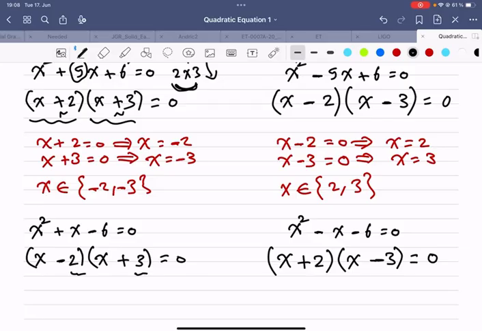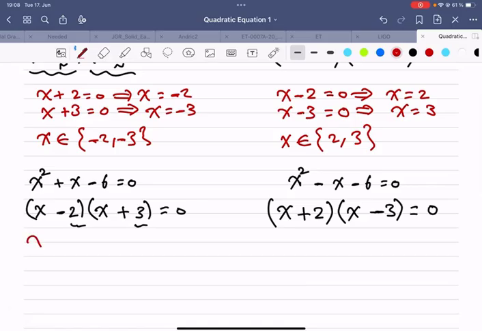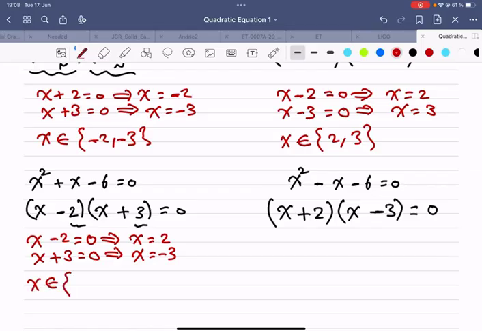Then continue the solution. Here, x minus 2 will give you 0, so x equals 2, and x plus 3 will give you 0, so x equals negative 3. So x is either 2 or negative 3.